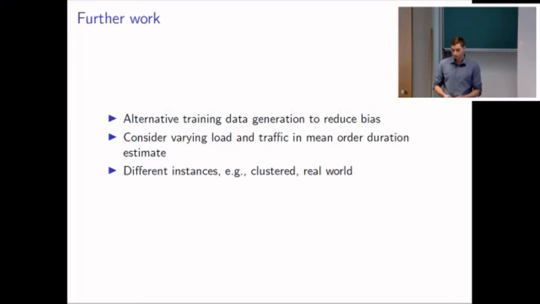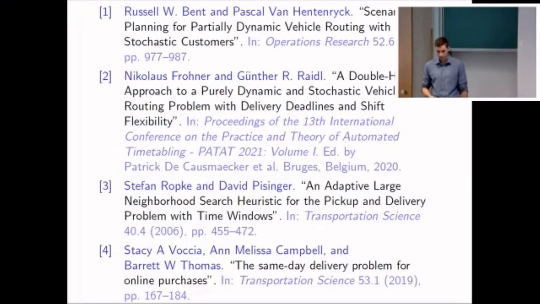And third is that we want to test on different instances. Real world data would be very interesting, and also the idea of clustered orders is interesting to us. Okay, thank you for your attention, and I'm happy to answer all your questions.